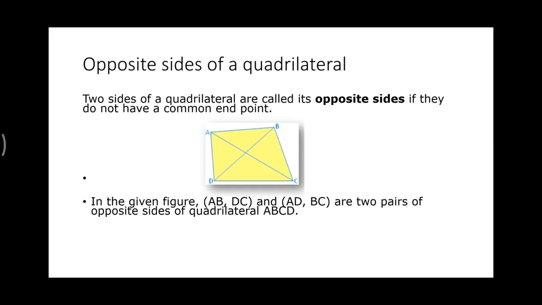In the given figure you can see AB and CD are opposite sides. In AB there are points A and B, and in CD there are points C and D, and both don't have any common point. Same in AD and BC, there is no common point as they are opposite sides of the quadrilateral.